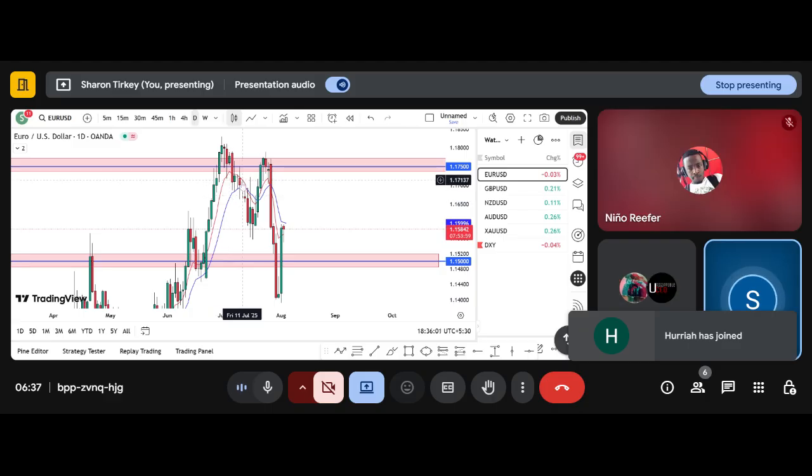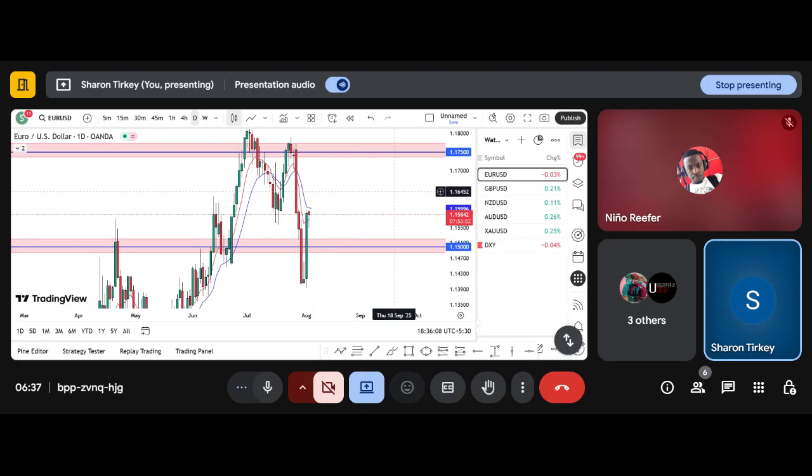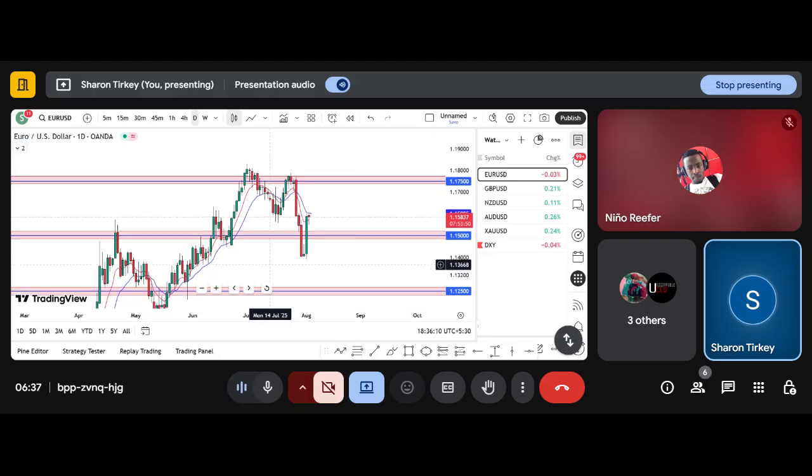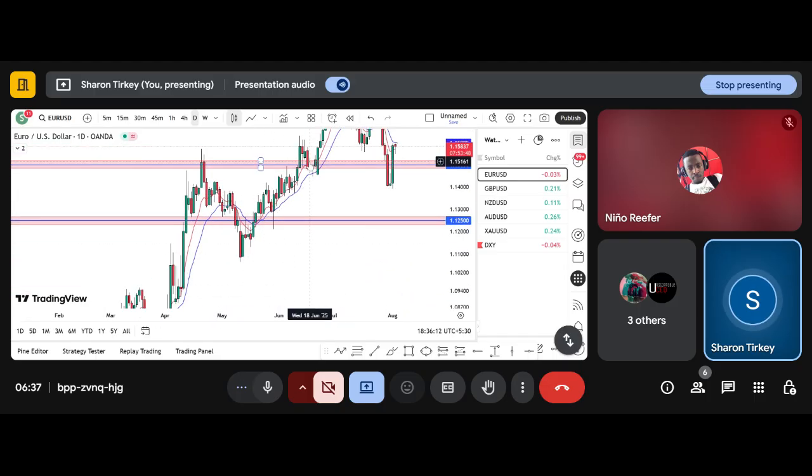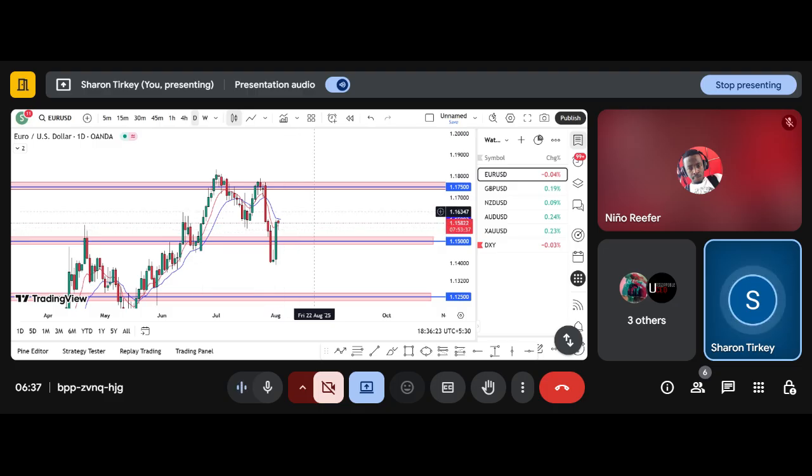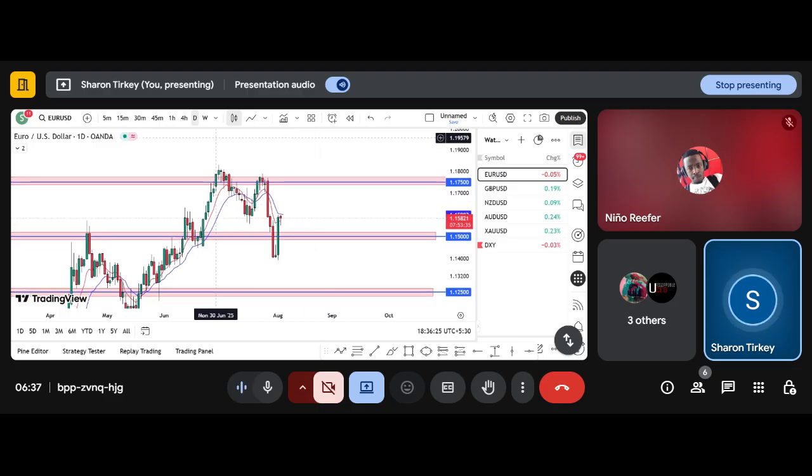When the 8 EMA crosses downside, it's called a downtrend, and when the 8 EMA crosses upside, it's called an uptrend. Here this is an uptrend because the 8 EMA crosses upside, and here it is a downtrend because the 8 EMA crosses the 14 EMA downside. So the trend is clear now. On the 1 day time frame EUR/USD the trend is down. So we are going to analyze downside on the 4 hour time frame.